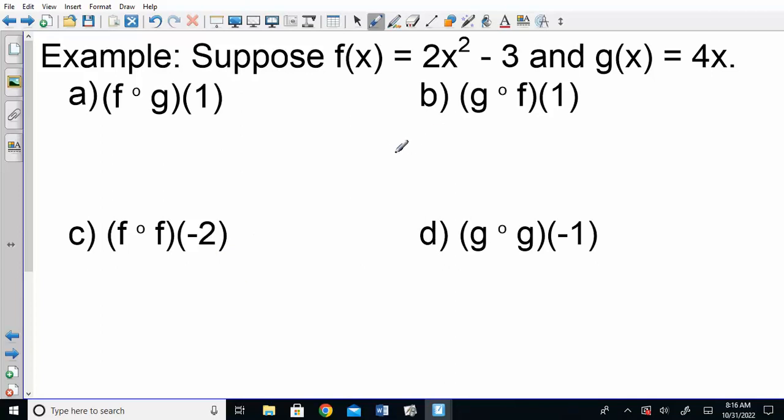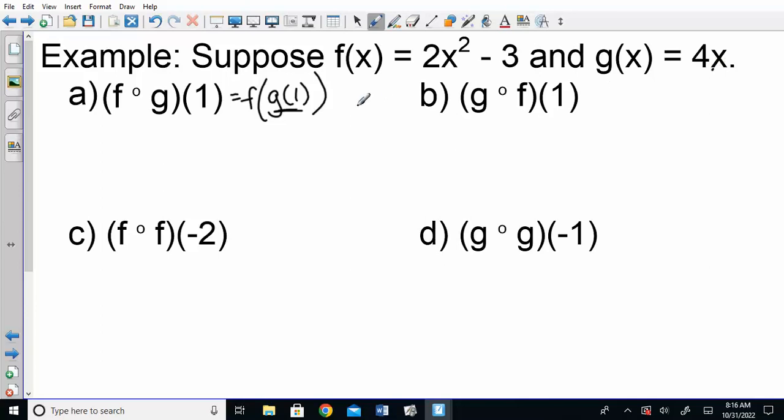So if I have the function f of x is 2x squared minus 3, g of x is 4x. So if I asked you to do f composed with g of 1, that means f of g of 1. Okay, it doesn't matter which way you write it. What would we do first? Plug in 1 for x in 4x. You take the 1 and plug it into g.